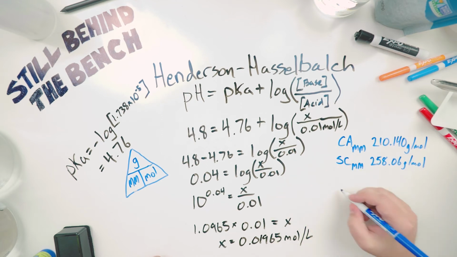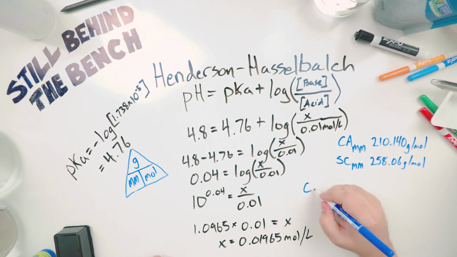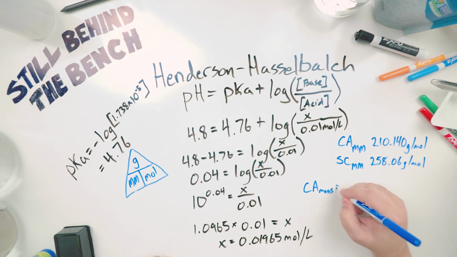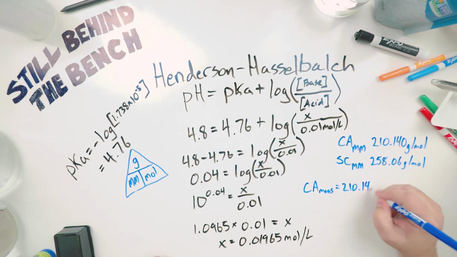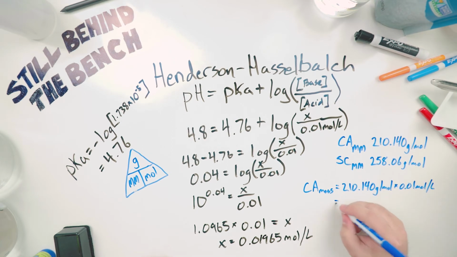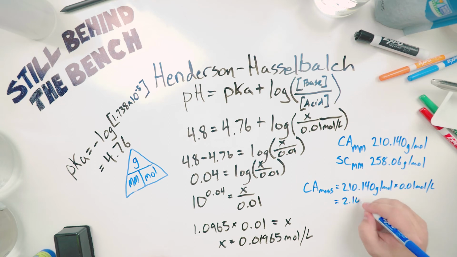So our citric acid mass is 210.140 grams per mole times 0.01 moles per liter, and that equals 2.10 grams. Easy.